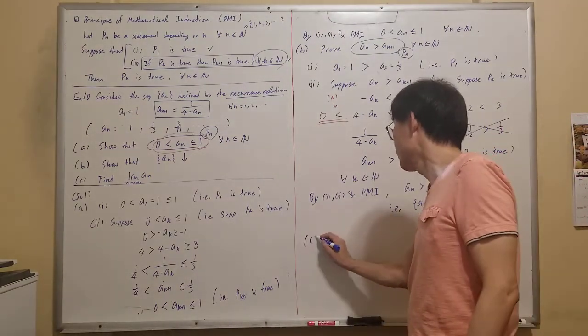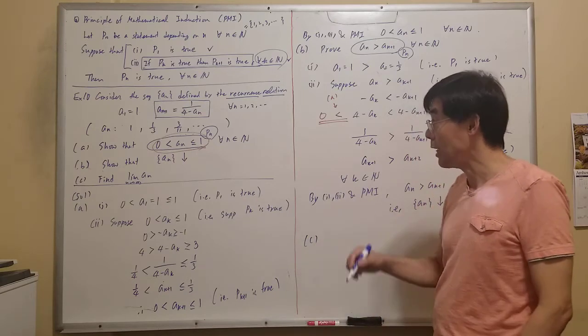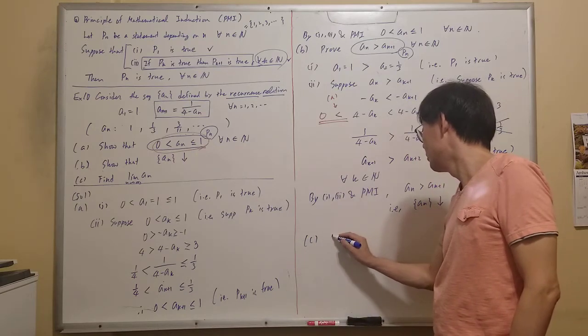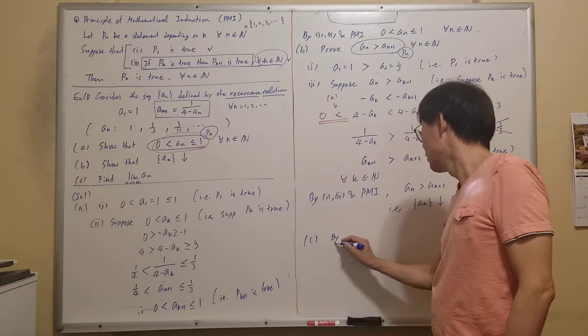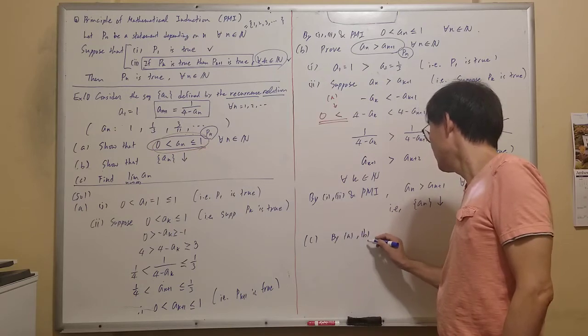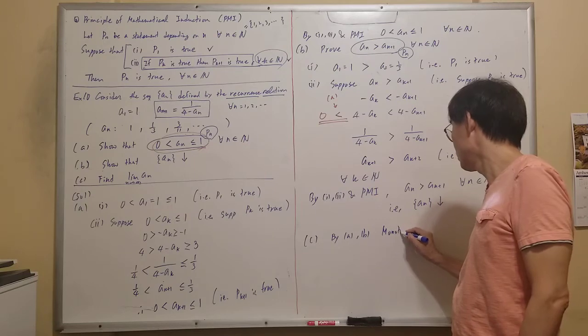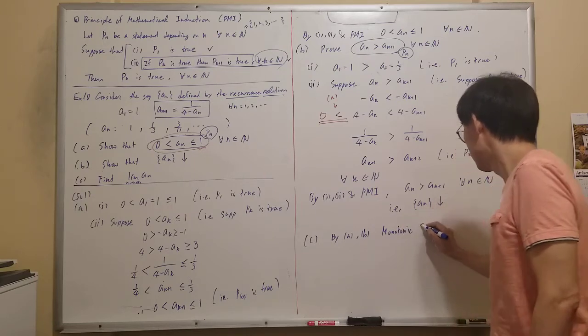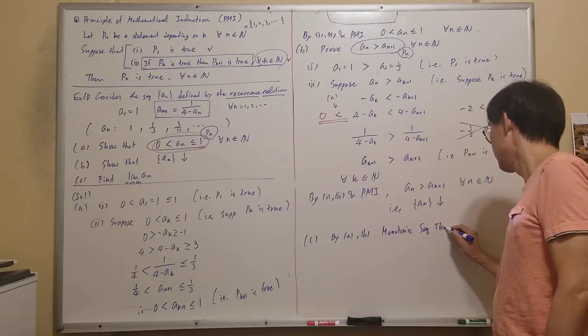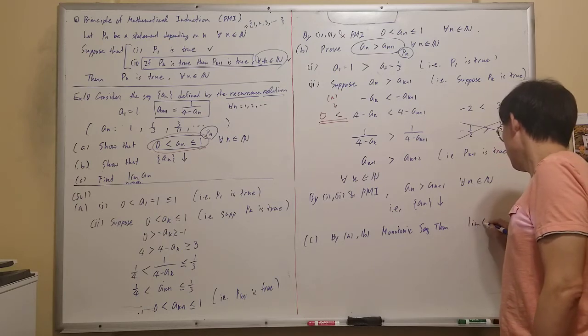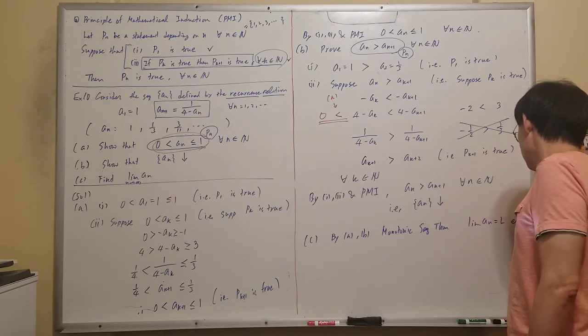Just like the previous case, by A, B, and the monotonic sequence theorem, the limit of A_n exists.